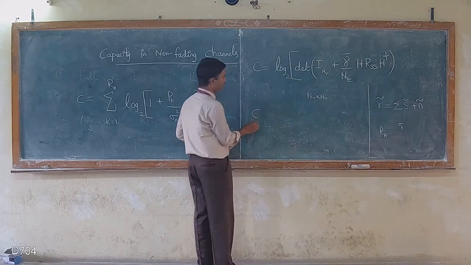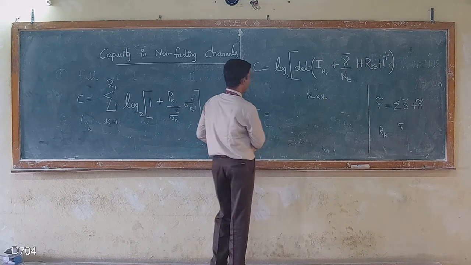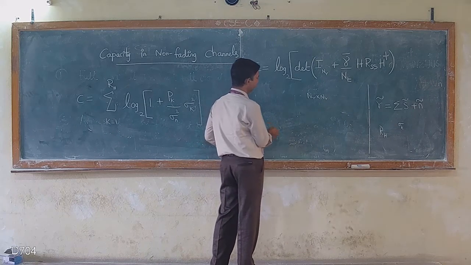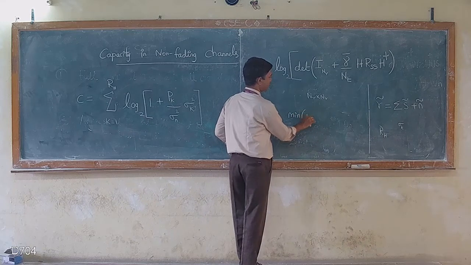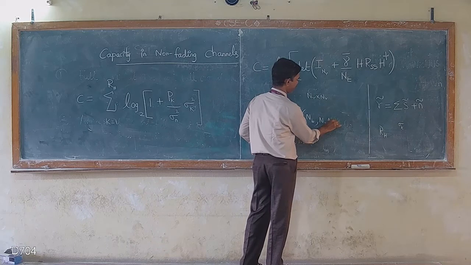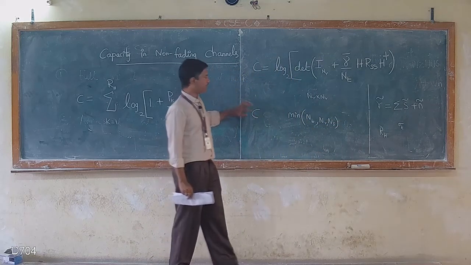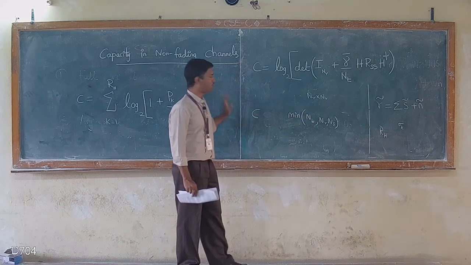And from this equation we can understand the capacity increases linearly as the number of transmit and receive antennas increases.